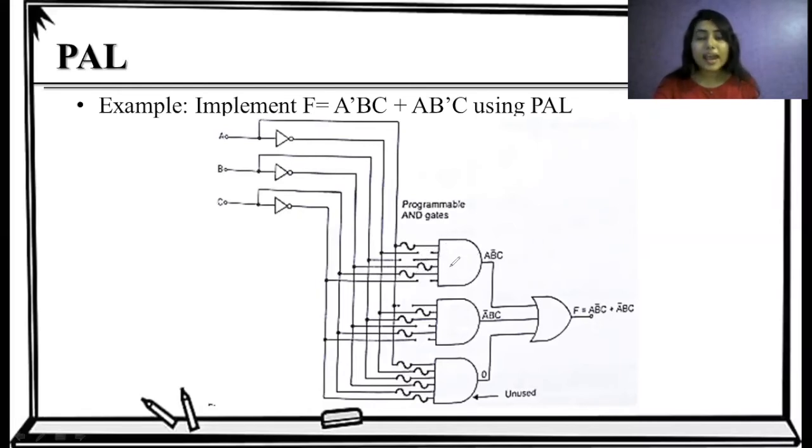So at the output of this AND gate we have the term a b dash c. By connecting these fusible links, we get a b dash c.